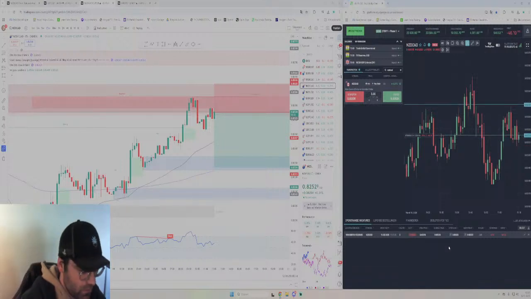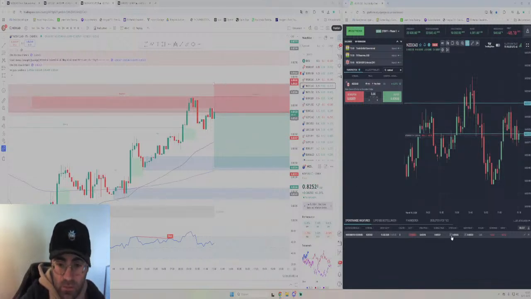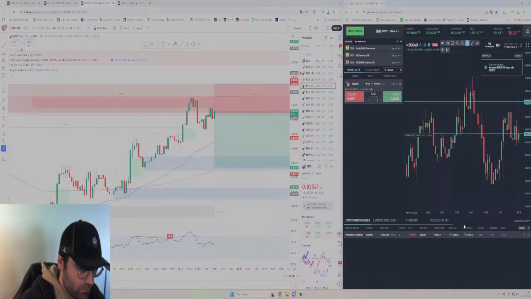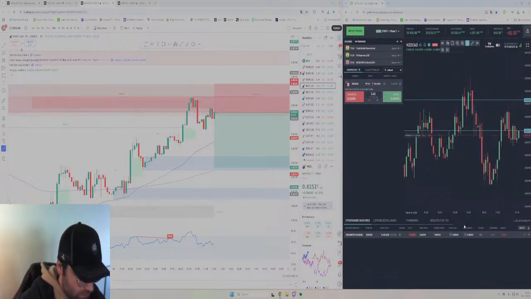The stop loss we want at 625, but probably a little bit higher because of the insane spread. So maybe we should raise the stop loss just a little bit. Okay, so we're in. It's a small trade on this one.